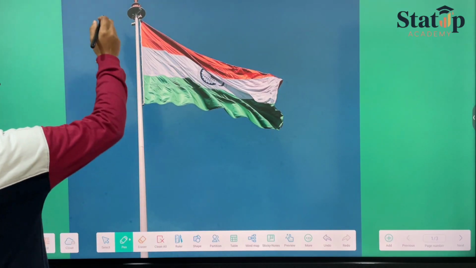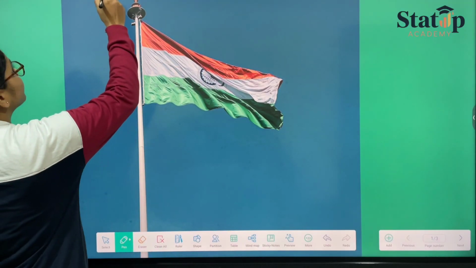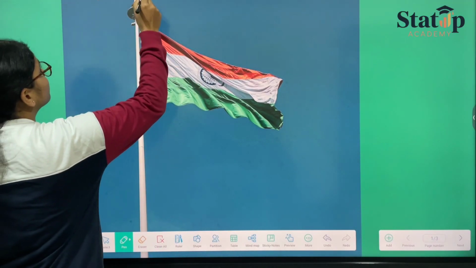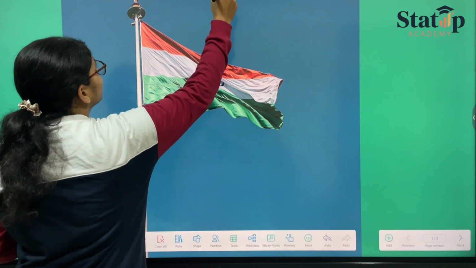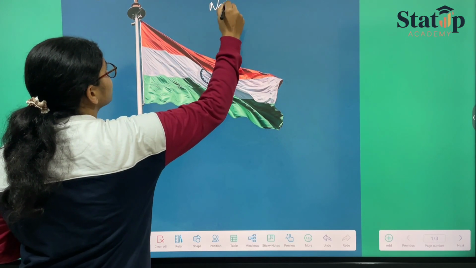As it says, you can write it as Unit: Second phase of nationalism.